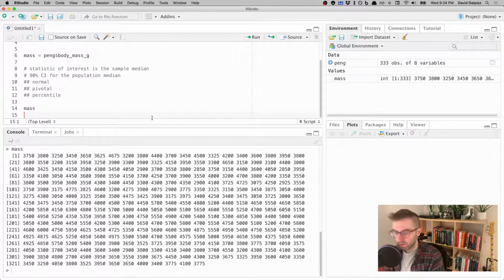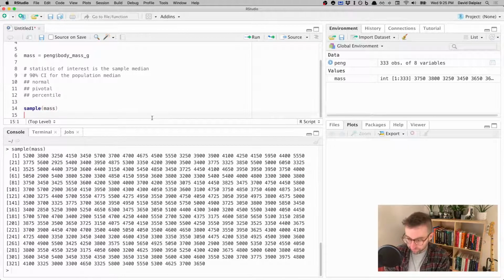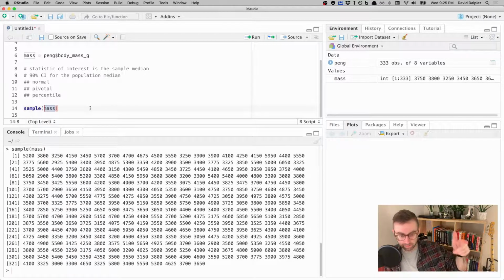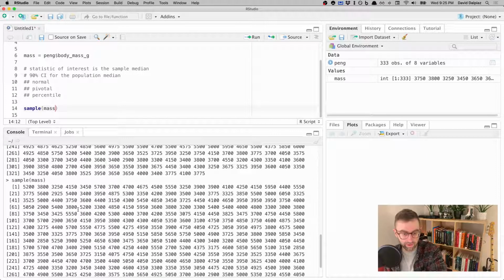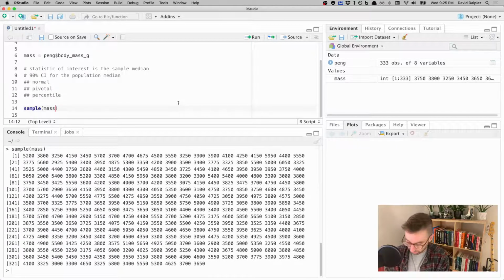All right. So first thing I want to do is note what happens when I do this. If I use the sample function on the original data, this is a resample. By default, when you use the sample function on a data set, it returns a sample of the same size. So we're good there. But there is one problem, which is that these values are just reshuffled, because we didn't do the sampling with replacement.